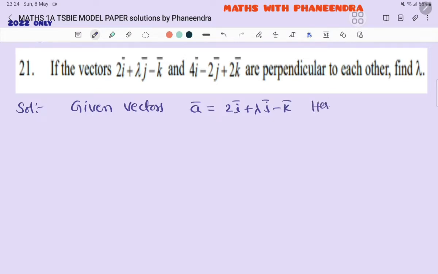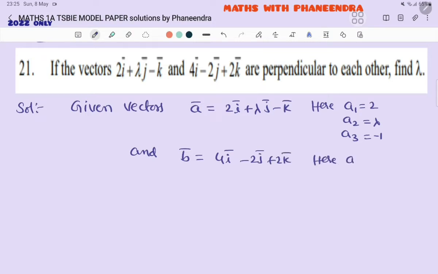Here compare with a1, a2, a3. a1 is equal to 2, a2 is equal to lambda, a3 is equal to minus 1, and b bar is equal to 4i minus 2j plus 2k. Here b1 is equal to 4, b2 is equal to minus 2, b3 is equal to 2.